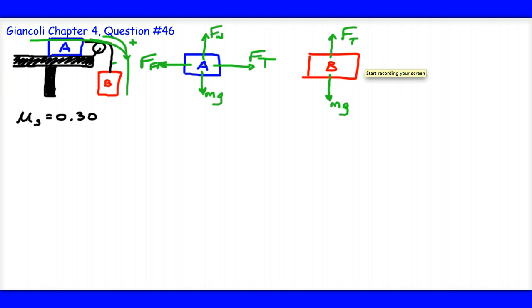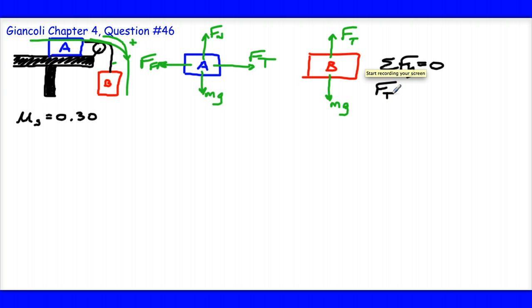Since the system isn't moving, they want to know the maximum size that block B can be. I'll write equations for block B in the vertical direction. The sum of the forces in the y direction for block B is equal to 0. Here's where my sign convention comes into play.